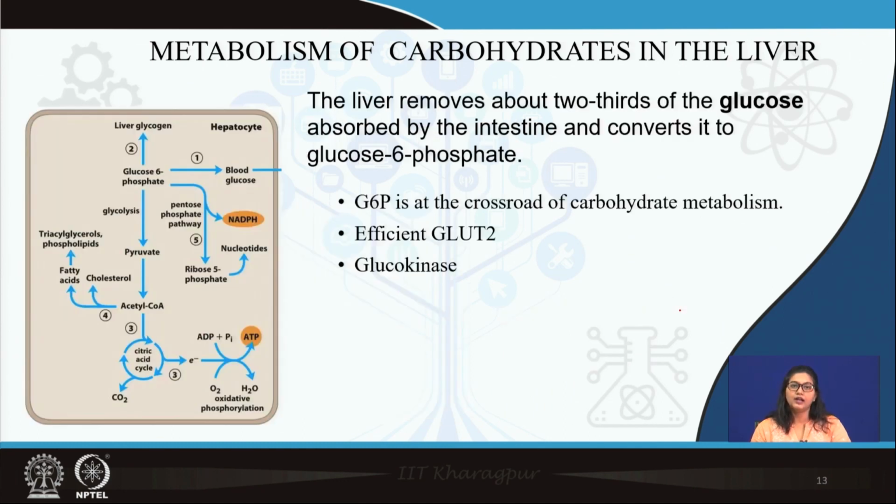Next, we move on to the fates of glucose 6-phosphate in liver. Apart from provision of blood glucose in circulation, glucose 6-phosphate can enter glycolysis via formation of pyruvate through the TCA cycle, or the acetyl coenzyme A can be utilized for formation of different other biomolecules.